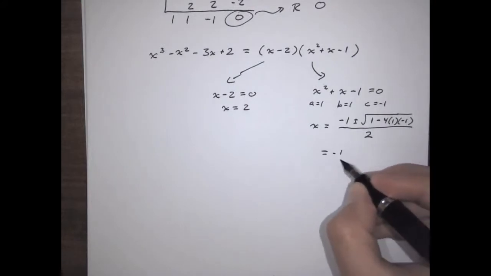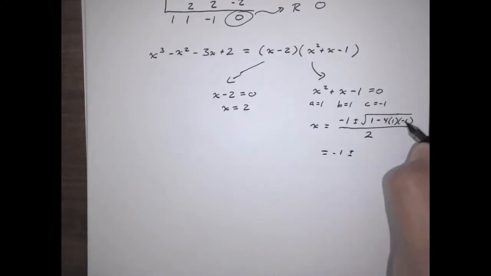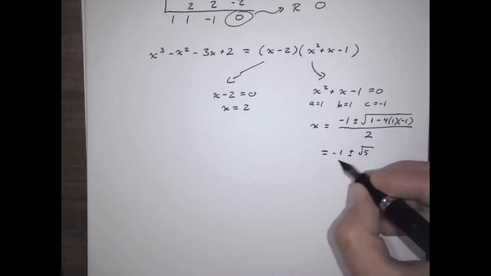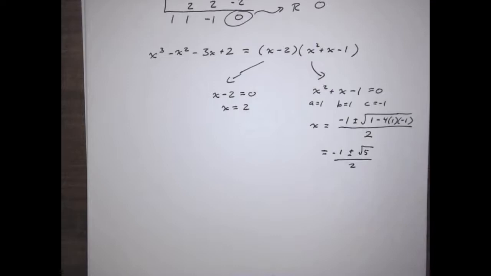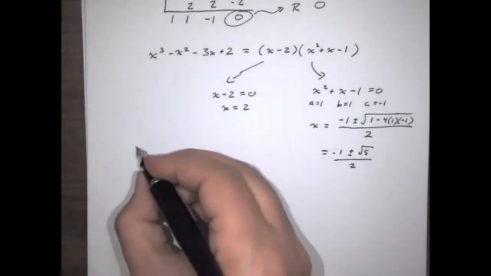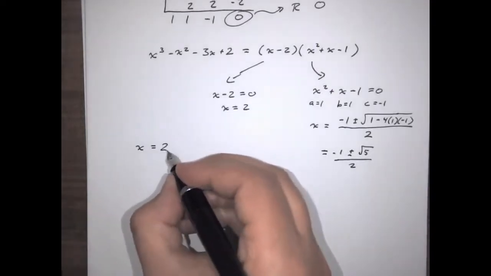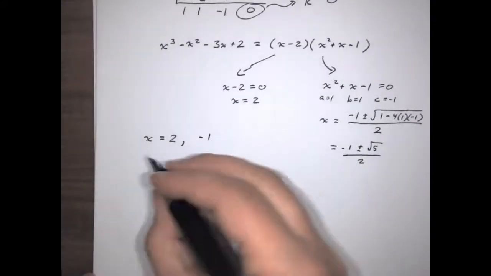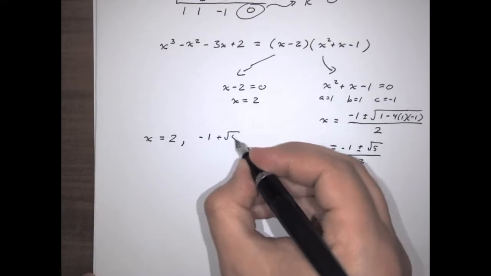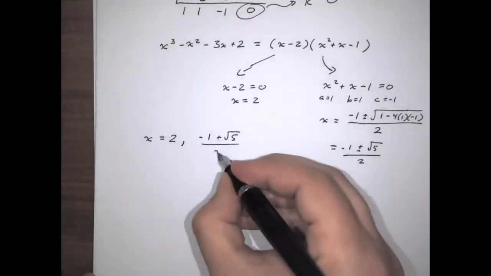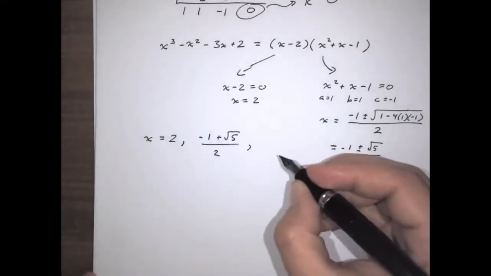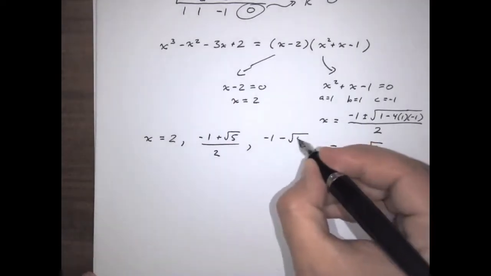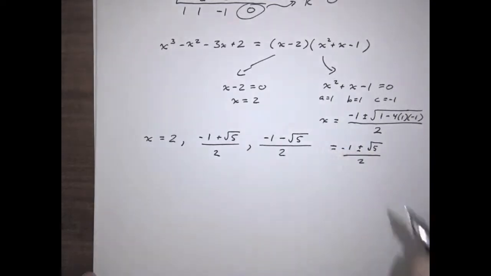It's going to be negative 1 plus or minus, and then over here that's going to be positive, the square root of 5 over 2. So what that means is we're going to have x equals 2, x equals negative 1 plus the square root of 5 over 2, and then x equals negative 1 minus the square root of 5 divided by 2.